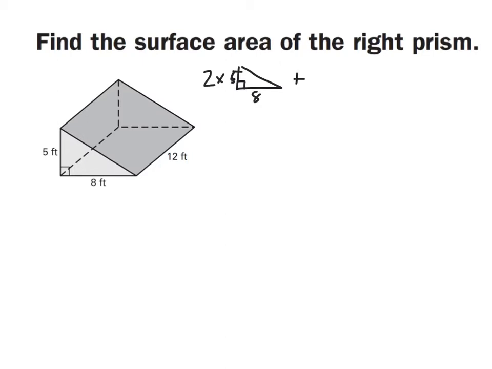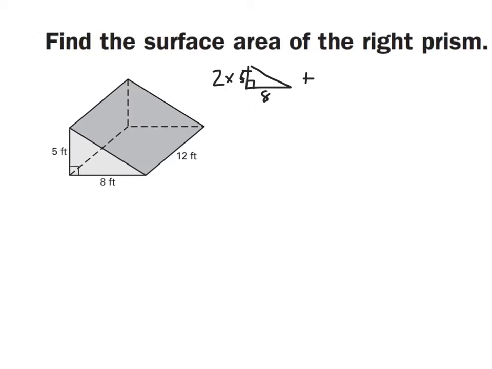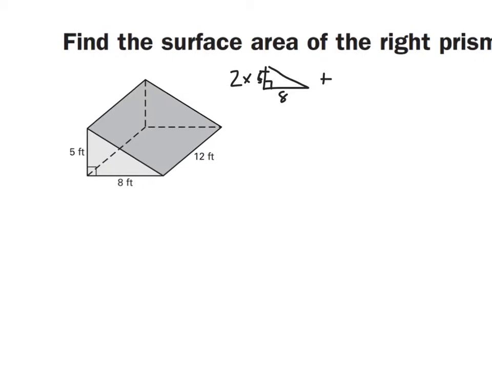Plus, what are the sides? Rectangles. Okay, are there any of them congruent? Yeah, 2. Which ones? Which one are you calling the top one? The one that slants? Yeah. Okay, well, isn't this a right triangle?